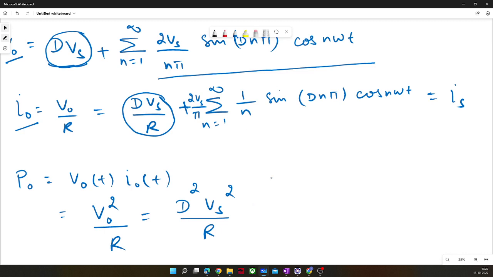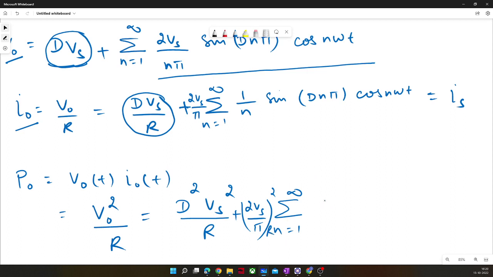Plus some component of AC as well, and that I will write here. So that would be summation of n is equal to 1 to infinity, 2Vs by pi, sorry, 2Vs by pi square into R.